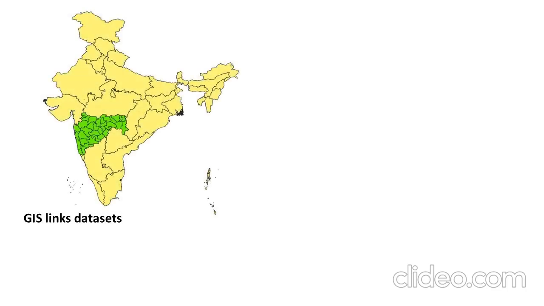GIS can link datasets. Here the map indicates the states of India and it also highlights the districts of the state of Maharashtra. The map indicates features such as districts of Maharashtra. Each of these features has specific attributes. These attributes are the characteristics of each feature.